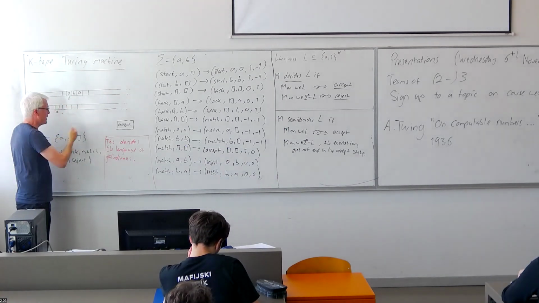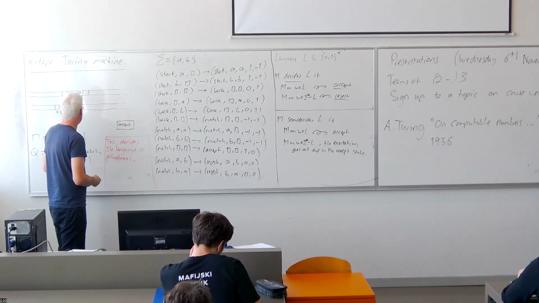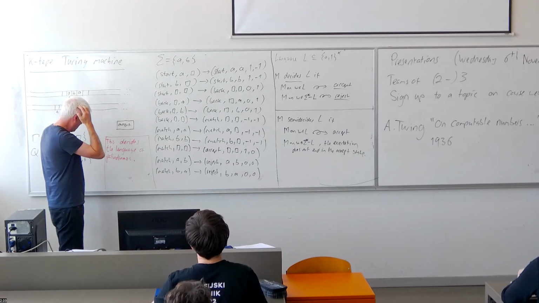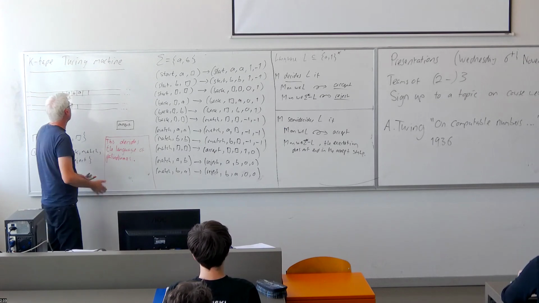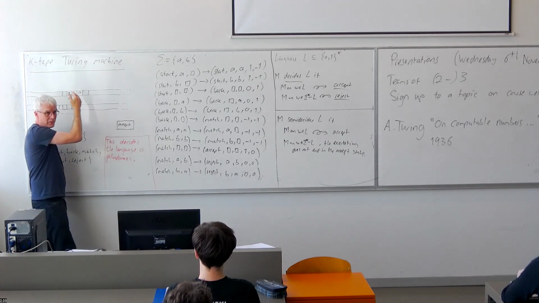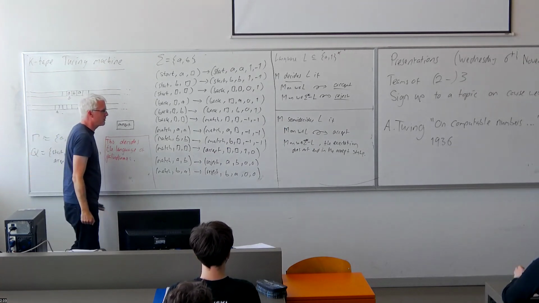So it basically does 3 scans of the length of the word. So it's linear time in the length of the input word. So we see from that, in a sense, multi-tape machines are more powerful than single-tape machines because they're faster. So this is a faster machine for deciding the language of palindromes.